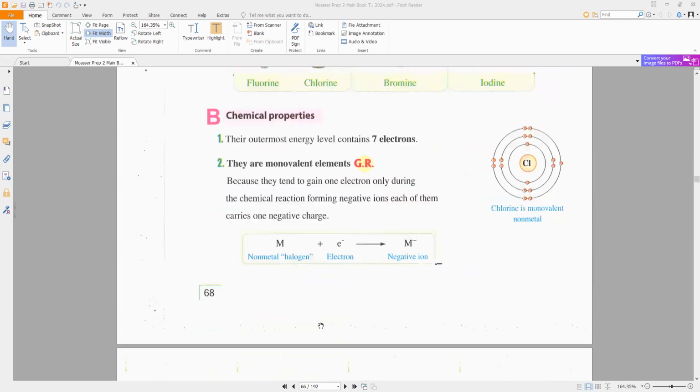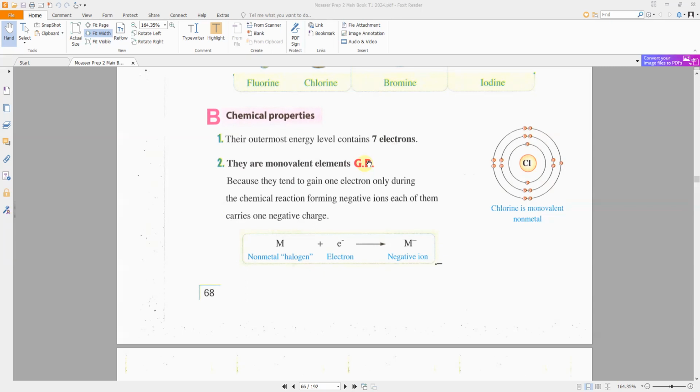What about chemical properties of halogen? We see the alkali metal have one electron in the outermost shell, so it is monovalent. But the halogen has 7 electrons because it is group 7A or 17, so it has 7 electrons in the outermost energy level. When it enters a chemical reaction, it tends to gain, not lose. The metal, when it enters a chemical reaction, loses 1 electron.